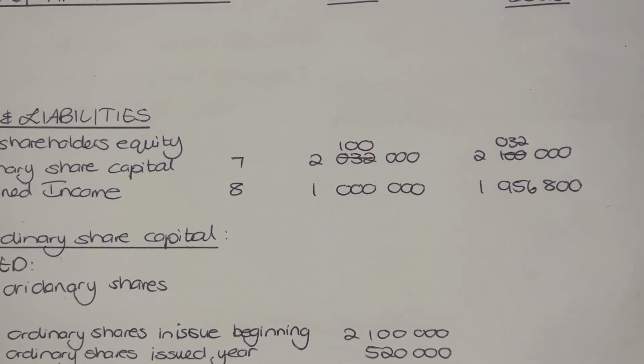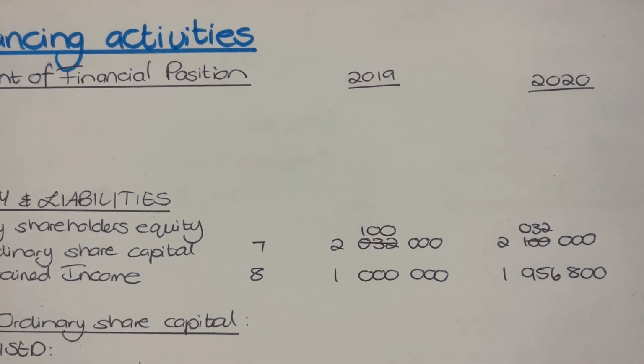I just swapped these two amounts around. But anyway, basically what has happened here is for this year, I've got 2,032,000. And last year I had 2.1 million for my capital. But I cannot just compare these two and say, oh, wow, it's gone down, I must have repurchased shares.